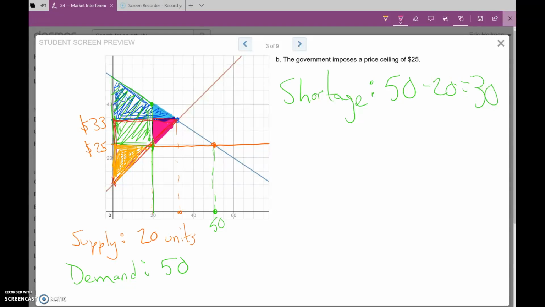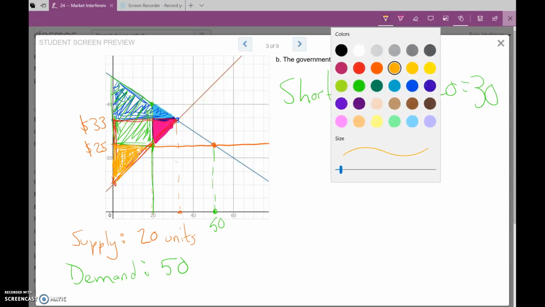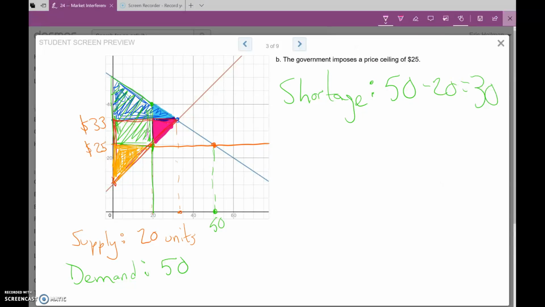Okay. So when you look at the three sections over on the left, what the price ceiling did is it transferred a block of surplus. So if we look at this square, this rectangle right in here, this used to belong to producers, right?